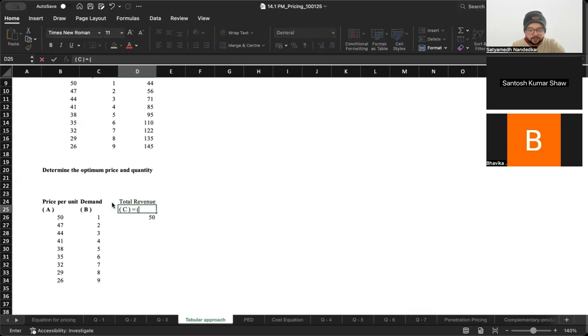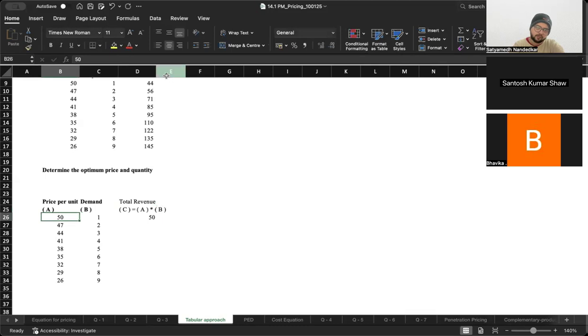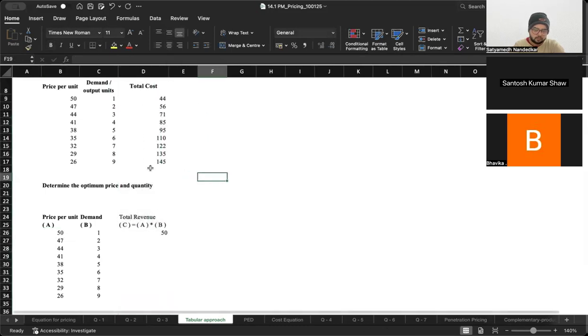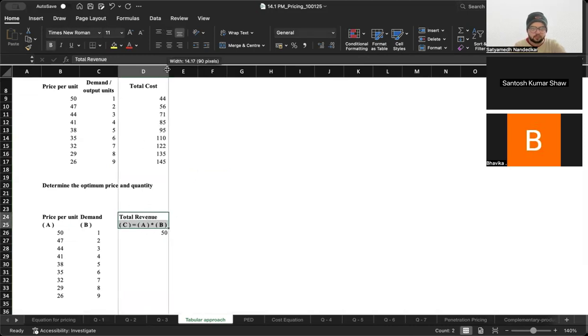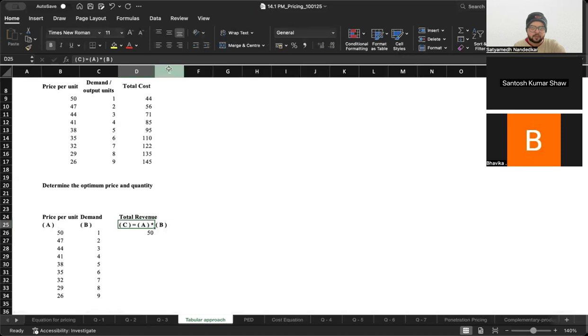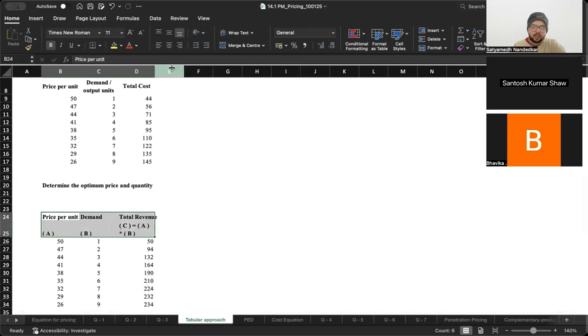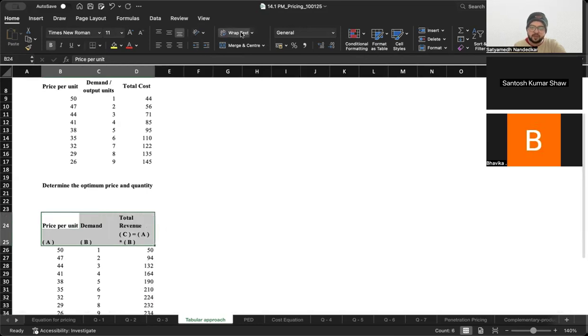Column C equals column A into column B. We'll get the total revenue in each of these cases. Now we have the number for total revenue.